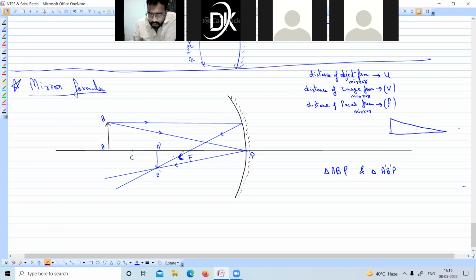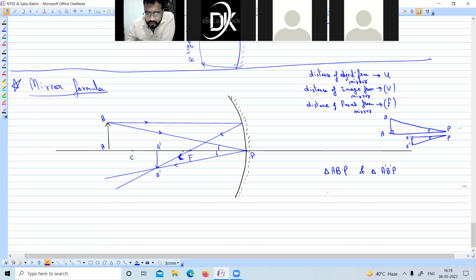Big triangle and the small triangle with the same point P. This is A, B, A dash, B dash. This angle will be equal to this angle because it follows the law of reflection. Is it clear? And these two angles are 90 degrees. Yes, sir. So the two angles are equal, they both are similar.